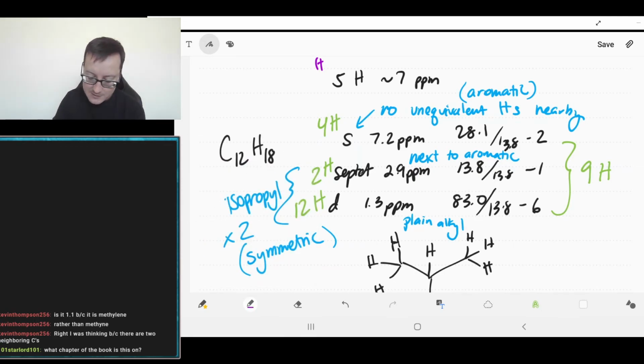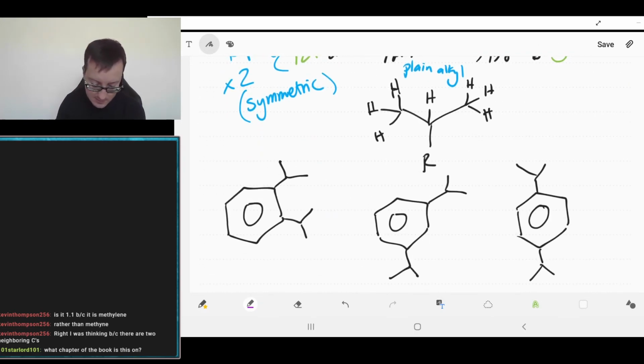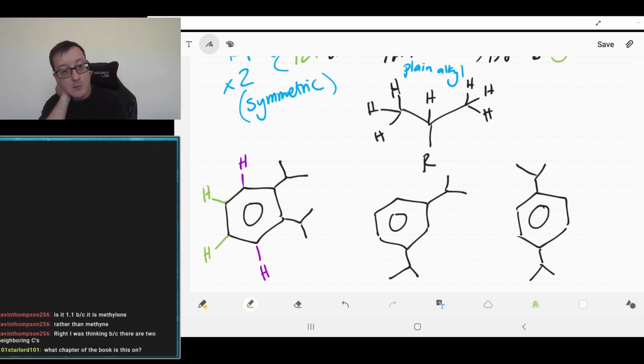The aromatic ones had no unequivalent hydrogens; we had a nice singlet there. This one would give us 2 different types of hydrogens, right? The purple ones would see the isopropyls, and the green ones would not as easily. And so these are not identical.